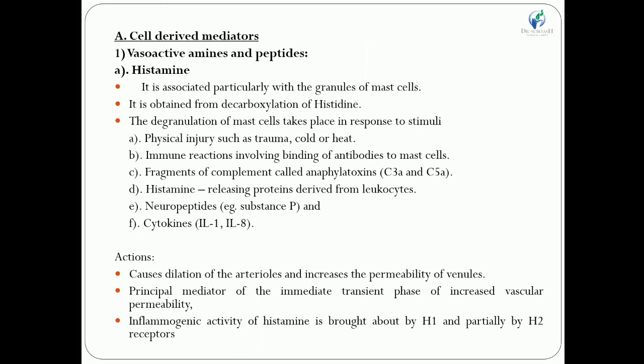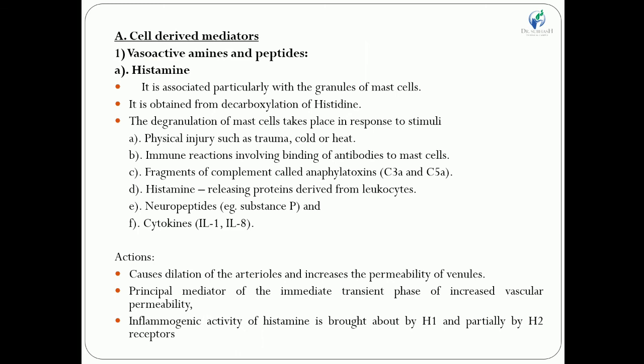The inflammogenic activity of histamine is brought about by H1 and partially by H2 receptors. Histamine has its own receptors, that is H1 and H2. Histamine will have a specific binding affinity towards those H1 and H2 receptors, which are present on individual cells and tissues.